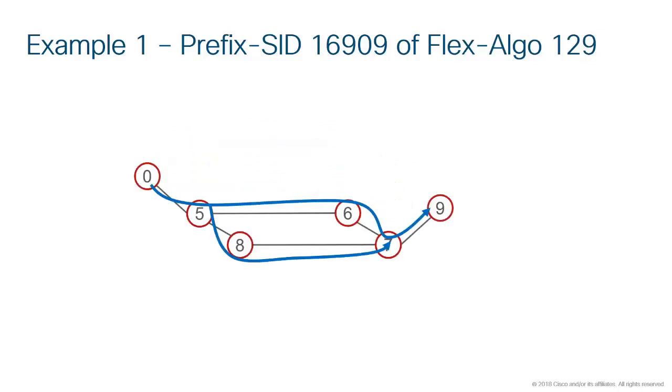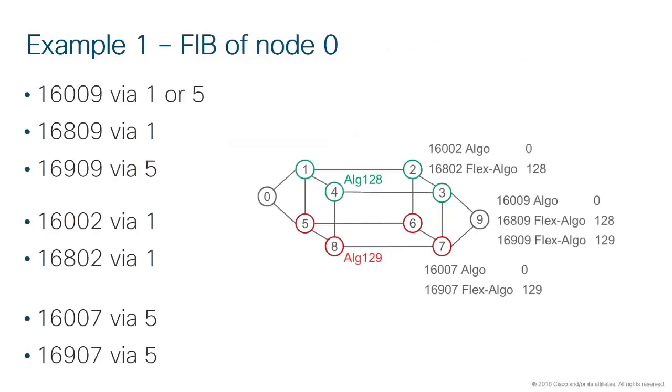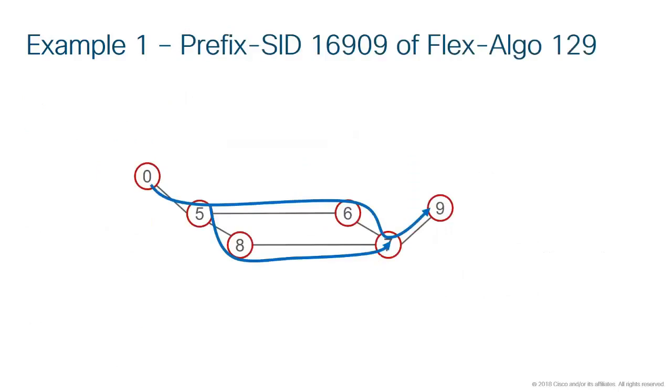And if a VPN traffic is sent over 16,909, it's going to be using the ECMP path through only the red plane. And this is ISIS or OSPF that would always maintain this path and recompute every time the topology would change or a metric would change.